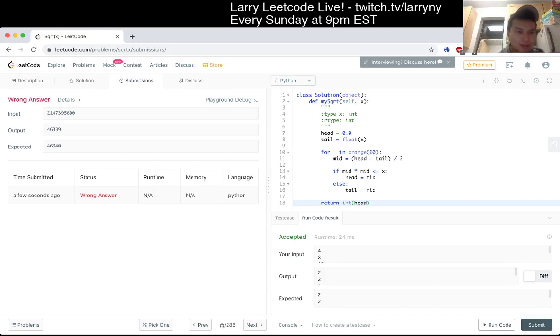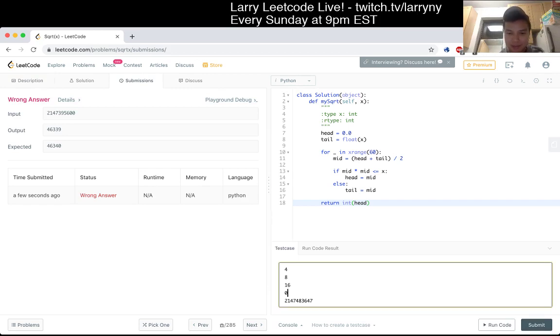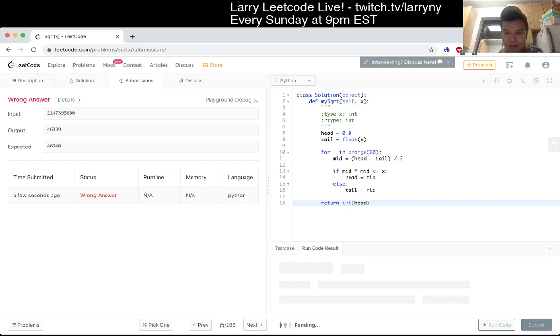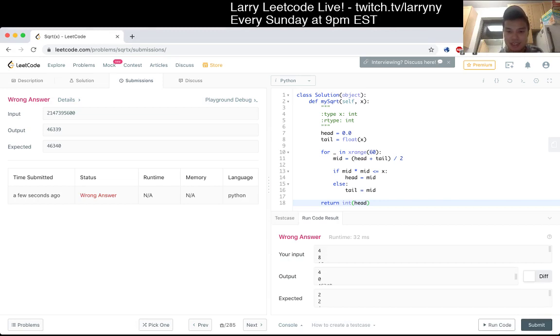Oh no. That's always the tricky thing with this. Maybe now that I change it, I don't need this to be double.